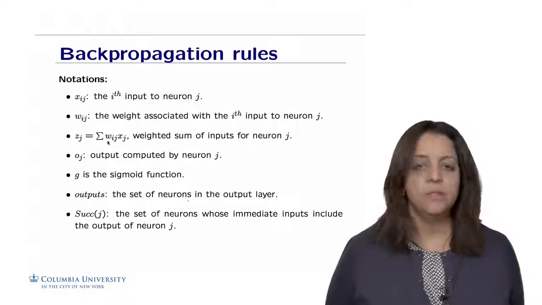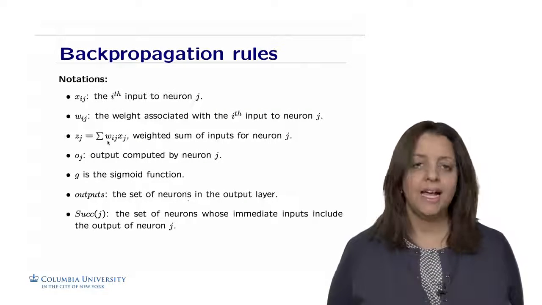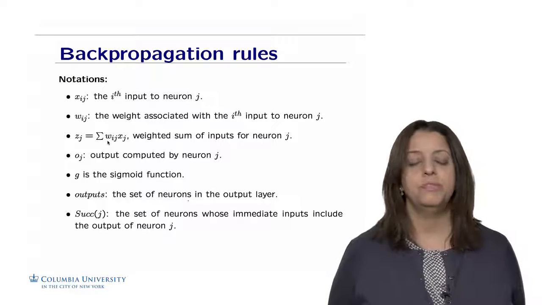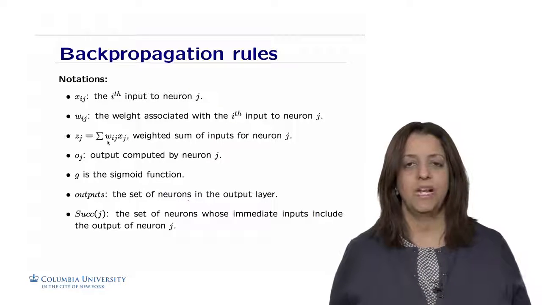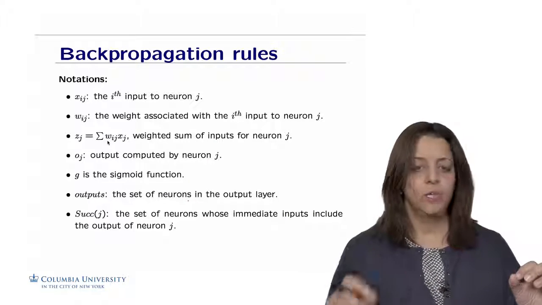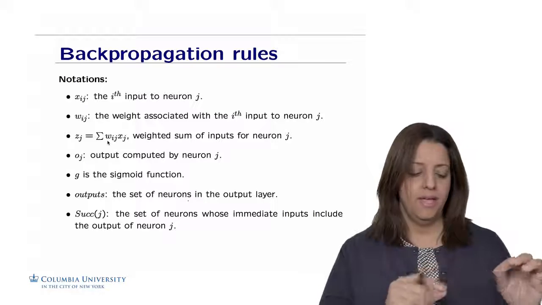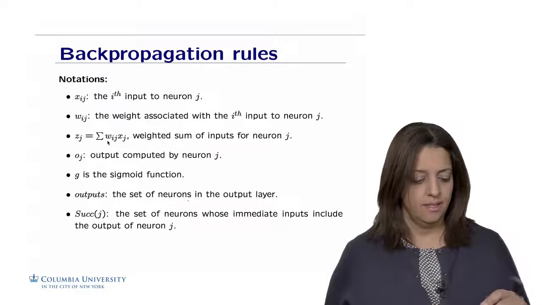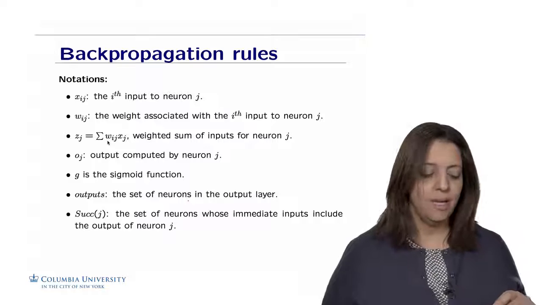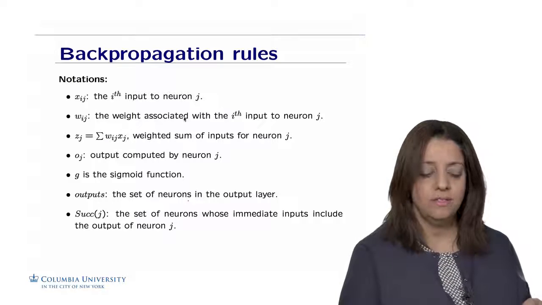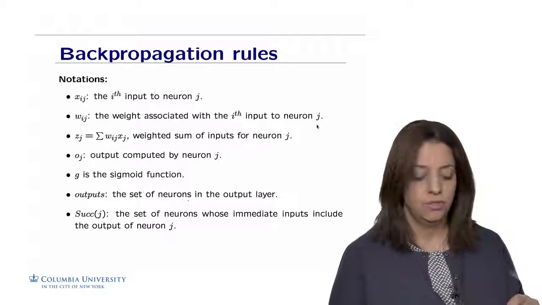So let's adopt the following notations. We're going to call Xij the ith input to neuron j, which means this is what's coming out from the ith neuron going to the jth neuron. The weight Wij will be the weight associated with the ith input to neuron j.